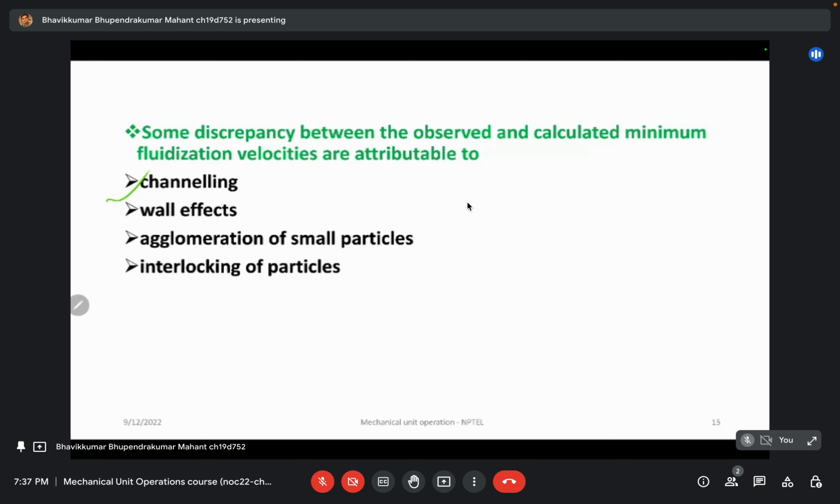You can't consider each and every channel because you consider the channels uniform. There might be wall effects. There might be agglomeration of small particles and interlocking of particles. It's always there when we talk about solid particles. So this kind of discrepancy you need to consider. That's why your theoretical value does not necessarily match your practical experimental value.